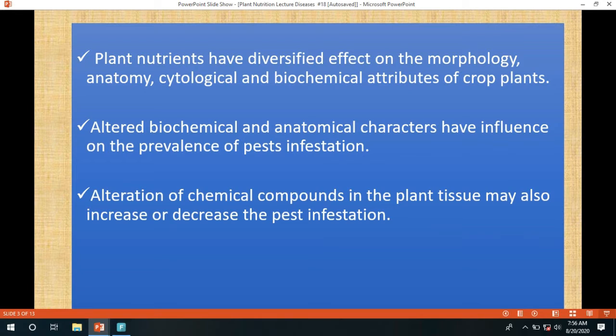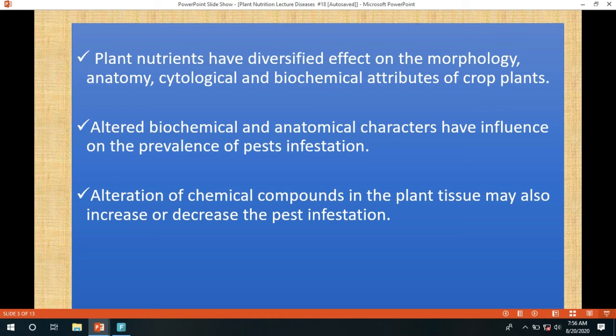Plant nutrients have diversified effects on the morphology, anatomy, cytological and biochemical attributes of plants. Altered biochemical and anatomical characters influence the prevalence of pest infestation. Alteration of chemical compounds in the plant tissue may also increase or decrease the pest infestation.